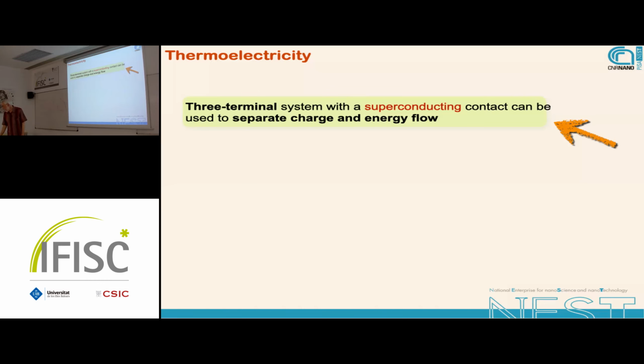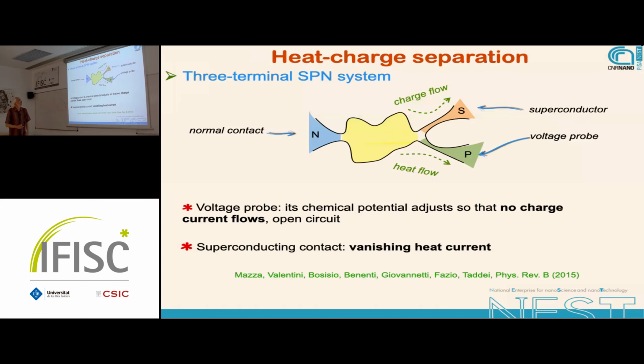So the first idea which came to our mind was to have a three-terminal system where you have a normal contact, a superconducting contact, and then a voltage probe. So this already by construction allows the separation of heat and charge. Why?